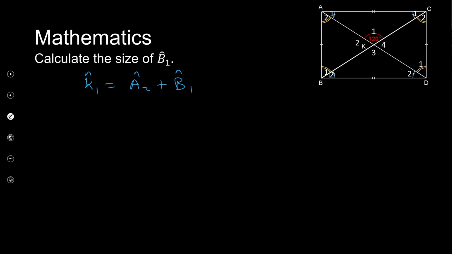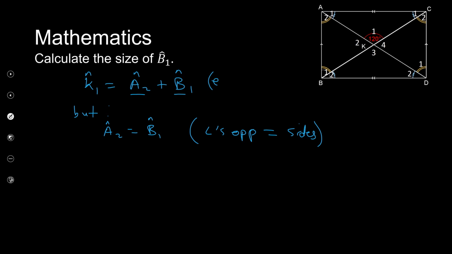We know that these two angles are equal to each other, that A2 is equal to B1, and this is because angles opposite equal sides are equal. And the last thing, by the way, is I forgot to write the reason here, which is the exterior angle of a triangle.